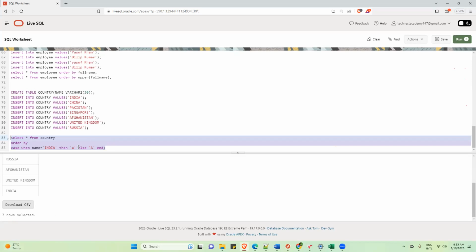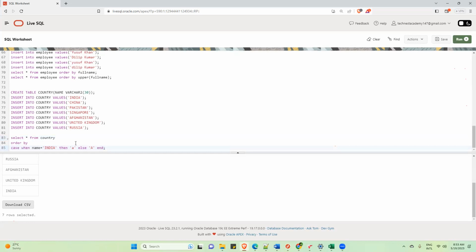Before this example, I showed you numbers, right? 100, 200, 1, 2, and all those things. It was clear cut. Now, here I have given alphabets, lowercase a and uppercase A. So that is a little bit confusing. When you write lowercase a, the engine will find the ASCII value of this.